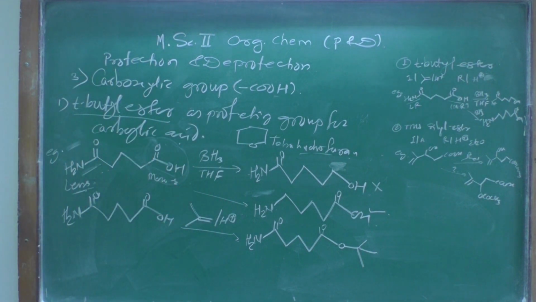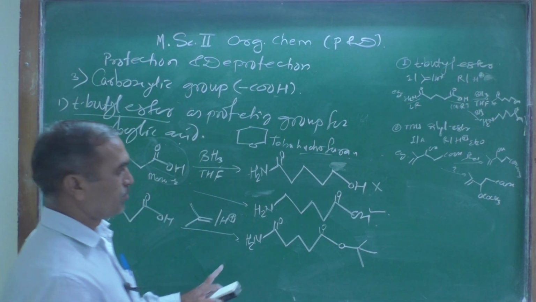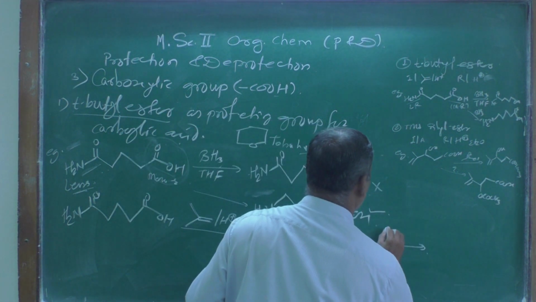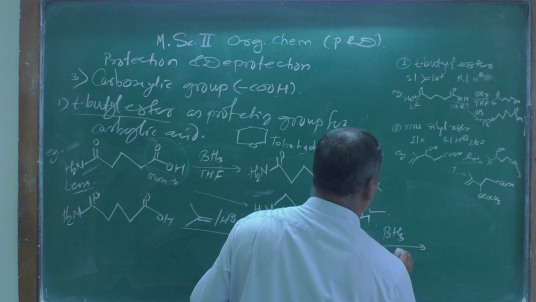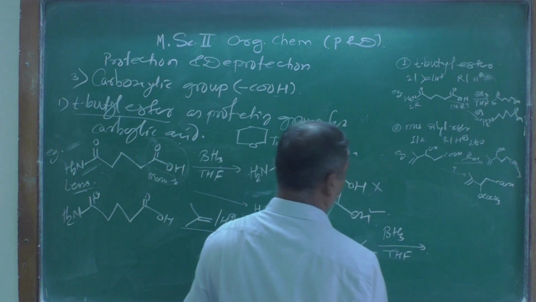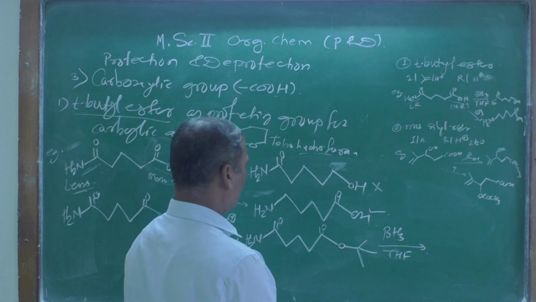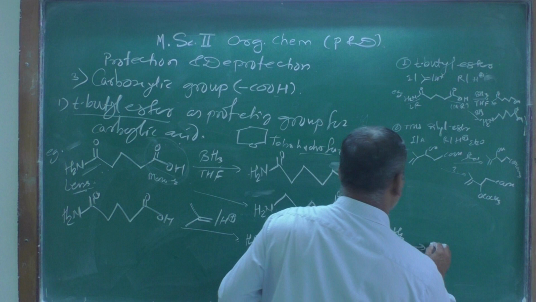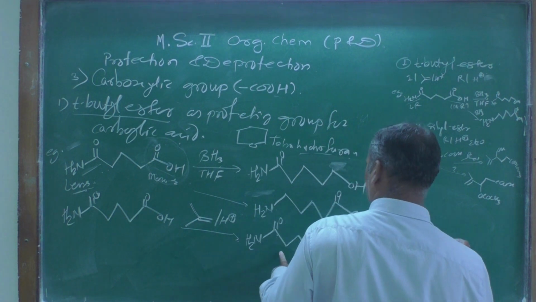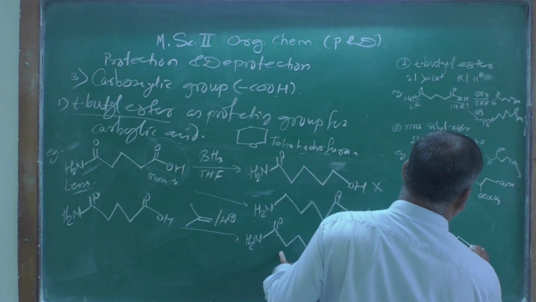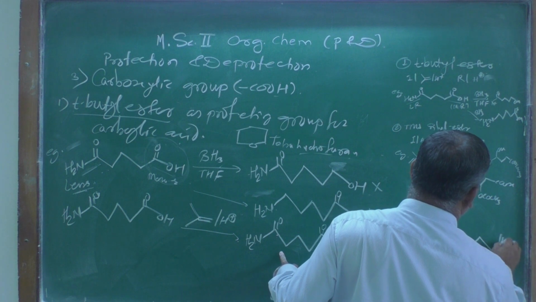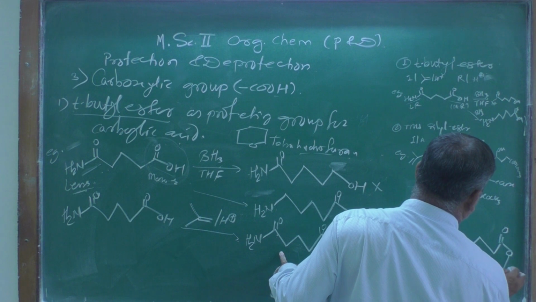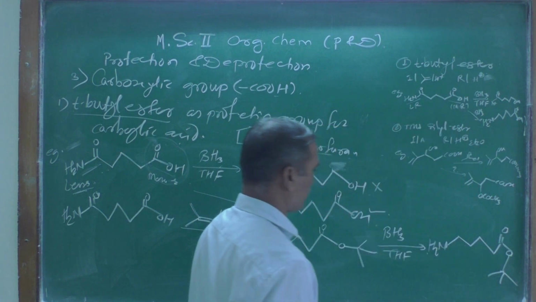Now this is a protection, and now you can treat this compound with BH3 in presence of THF, tetrahydrofuran. What will it do? It will reduce this group now into H2N, and this C double bond O, then this is a tertiary group, right?